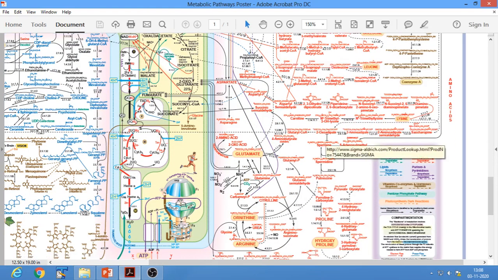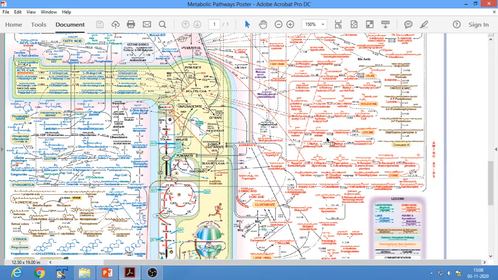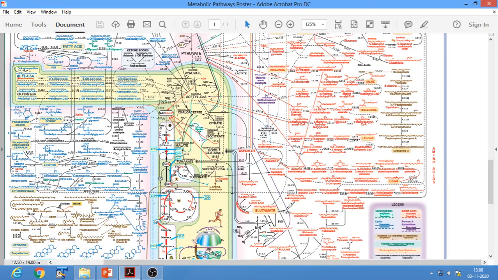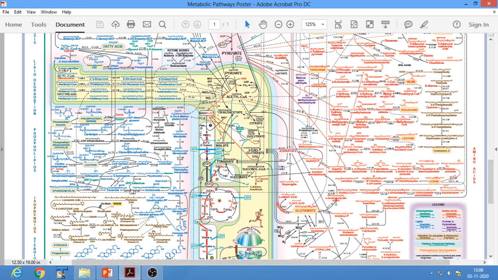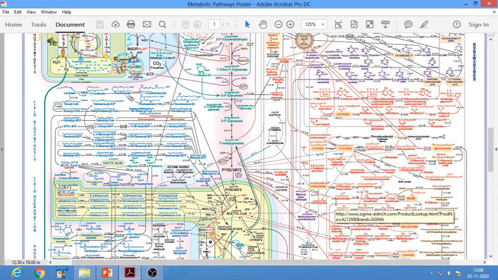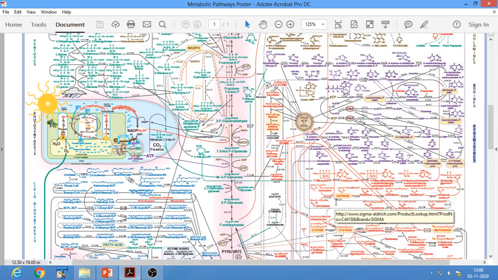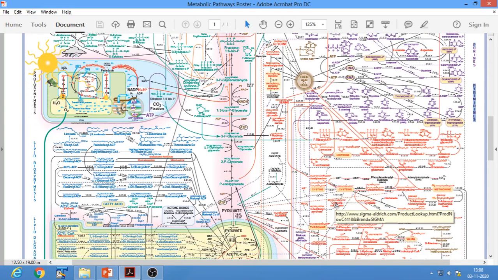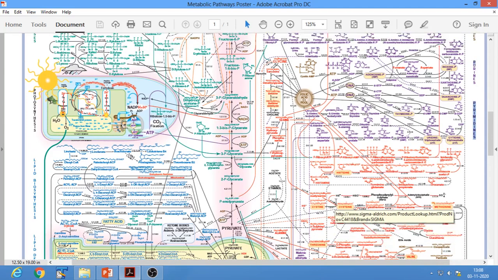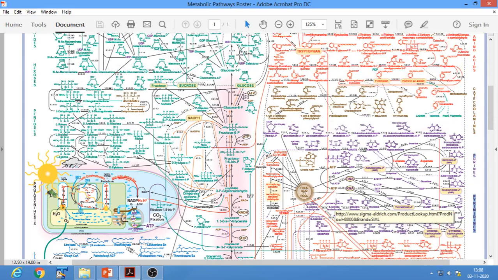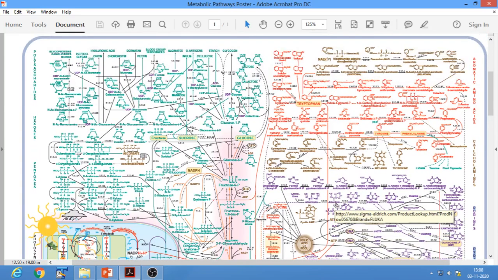So the objective of showing you this map is for you to appreciate that metabolism is a highly complex network of metabolic reactions that are connected to each other. Each and every metabolic pathway, each and every biochemical reaction is somehow connected to another reaction or pathway, and this gives an enormous complexity to the biochemical reactions that happen in a cell.